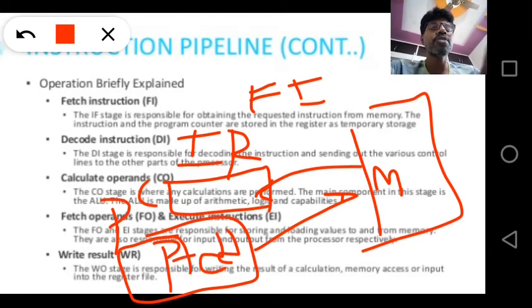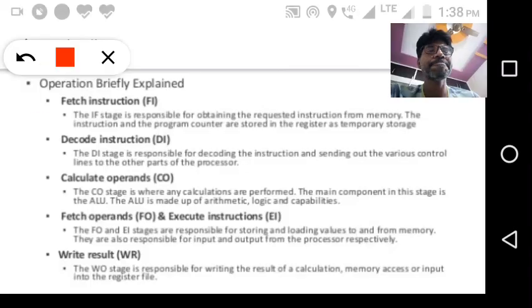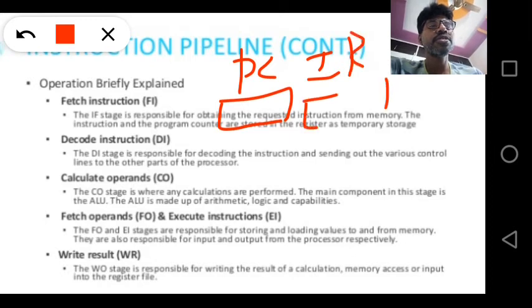So the program counter stores the address of the instruction to be fetched from memory. Once the fetching is done, it is stored in the instruction register, a special register. So it involves two registers: program counter and instruction register.